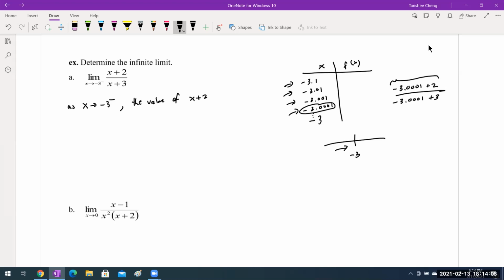The reason why I don't want you to think about only one case is because this is only one case of many, many numbers that we can choose to approach -3. But we can use this idea to generalize it: as x approaches -3 from the left-hand side, the value of x plus 2, the numerator part, is a negative number.